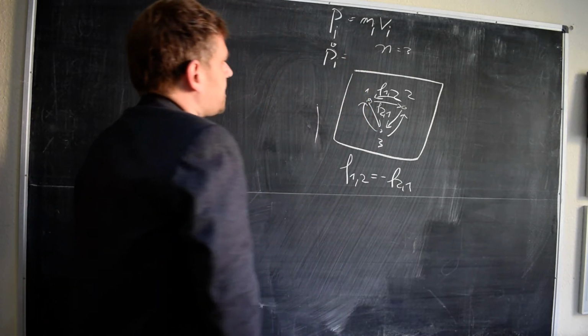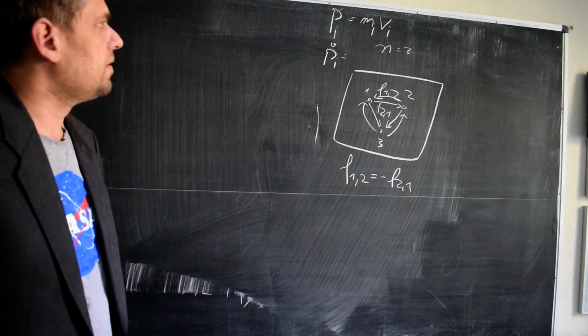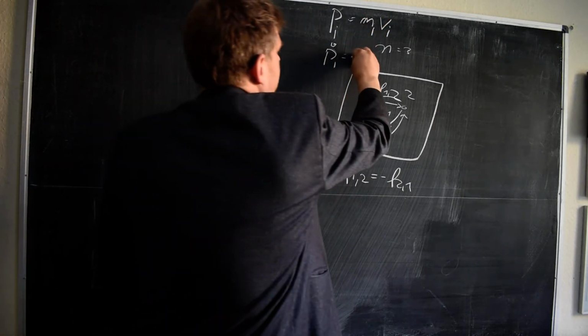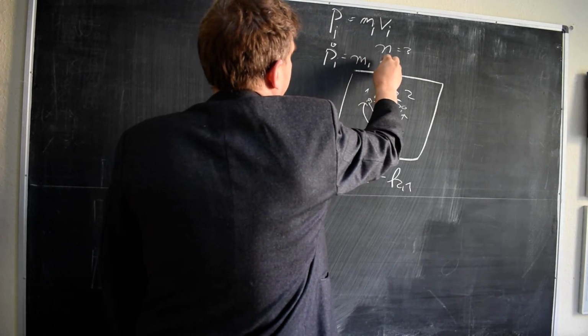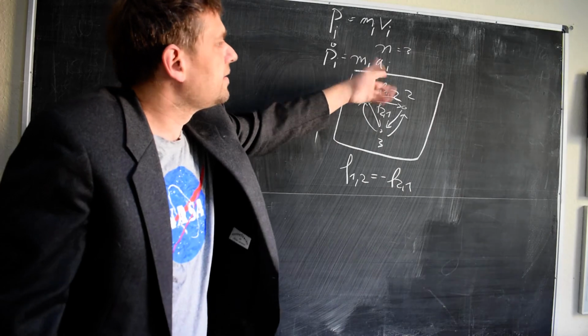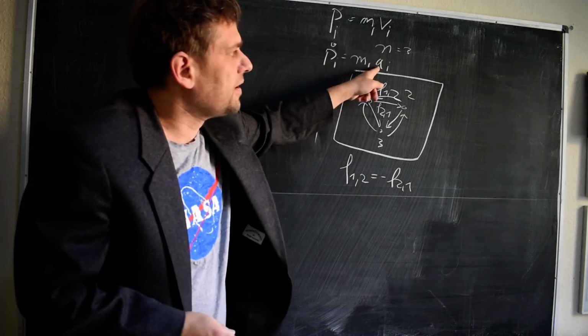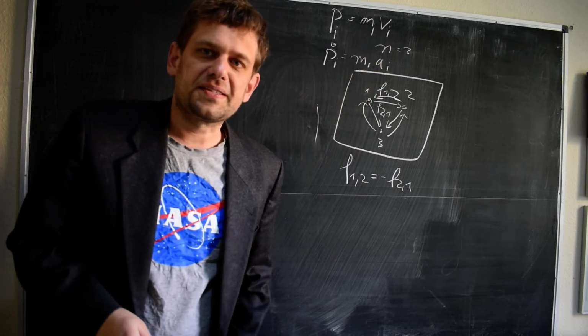So this is the time derivative, and we get this simply by deriving the right-hand side, which is mi times ai, denoting the acceleration, which is of course the derivative of the velocity.